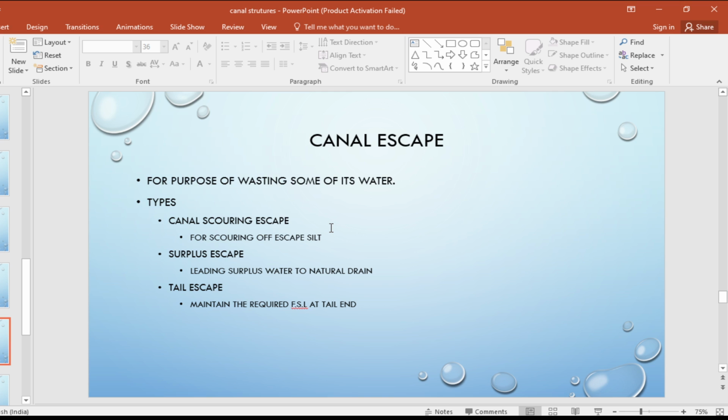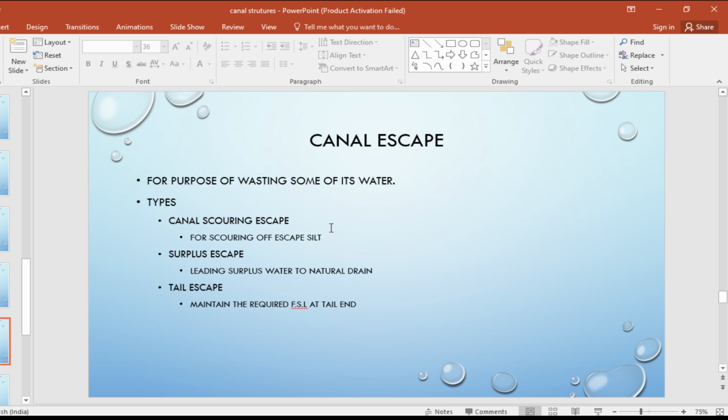These canal escapes, which we are going to construct along the canal, are also useful for disposing of excess water of the parent channel, which is delivered to the off-taking channel or the distributing channel.